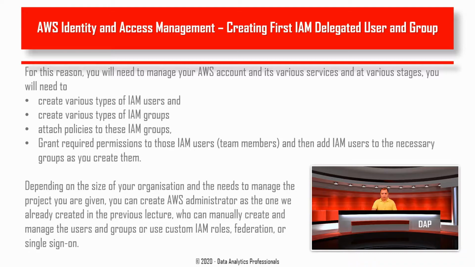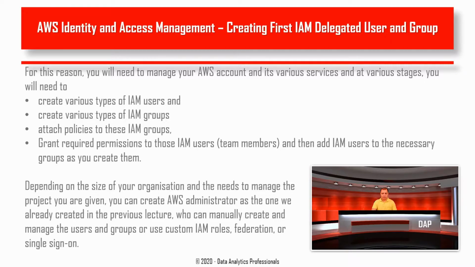For this reason, you will need to manage your AWS account and its various services at various stages. You will need to create various types of IAM users and various types of IAM groups, and attach policies to these IAM groups, which could be used by IAM users. Furthermore, grant required permissions to those IAM users and then add IAM users to the necessary groups as you create them.